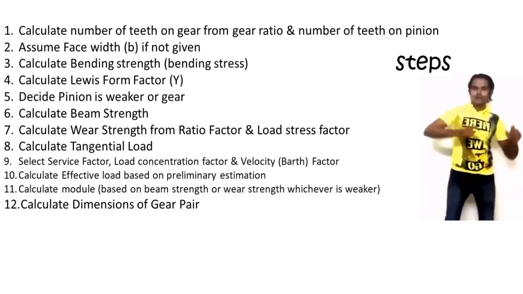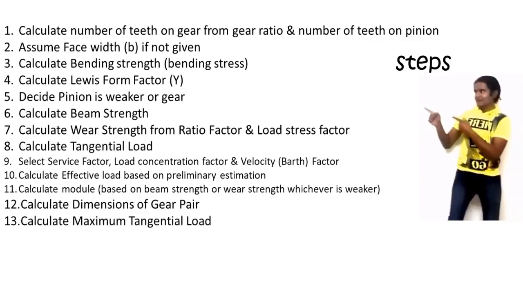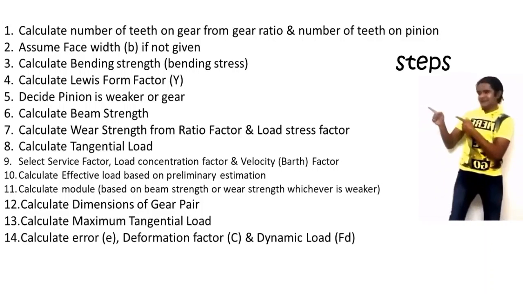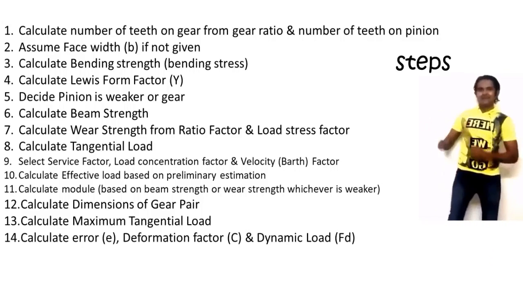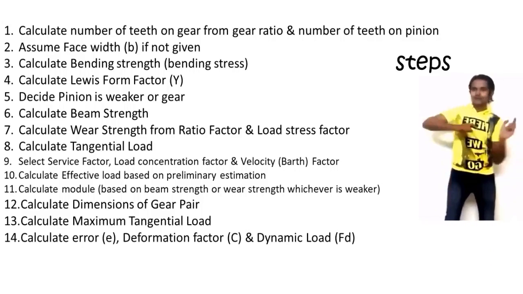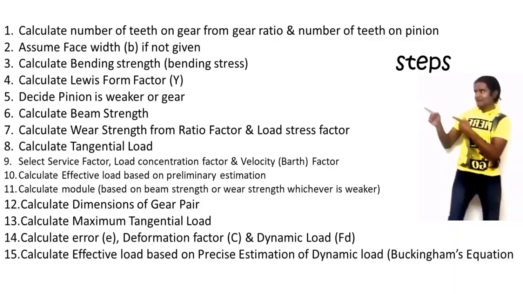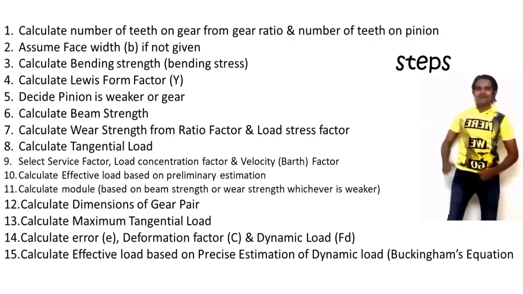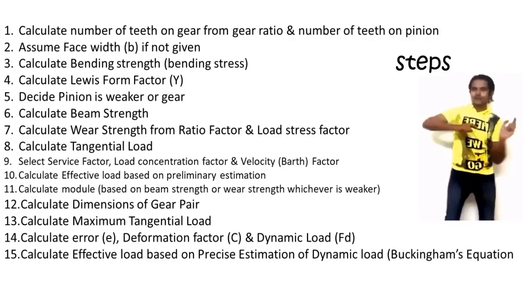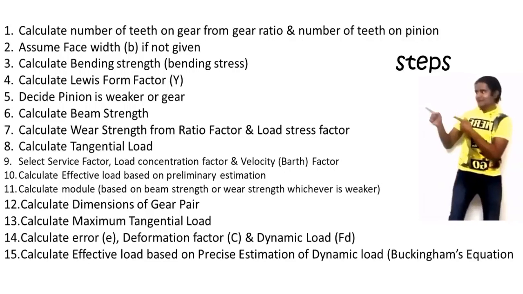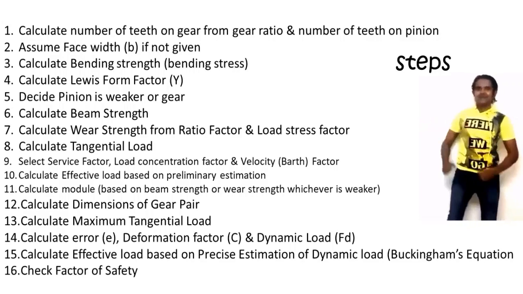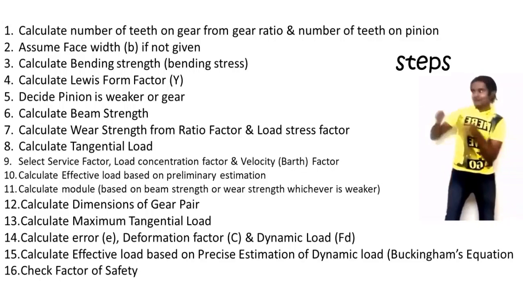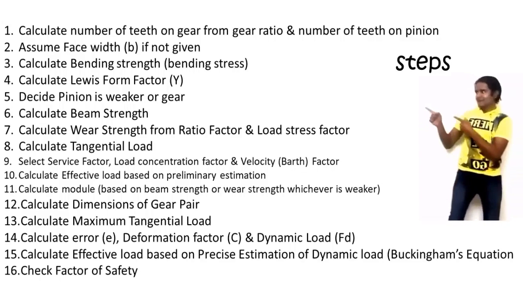All this you will calculate in step number 12. 13th step, you have to calculate your maximum tangential load. 14th step, you have to calculate error small e, deformation factor capital C, and dynamic load FD. 15th step, you have to calculate the effective load based on the precise estimation of dynamic load, that is, your Buckingham's equation effective load, and then in 16th step you have to check your factor of safety. Thank you.